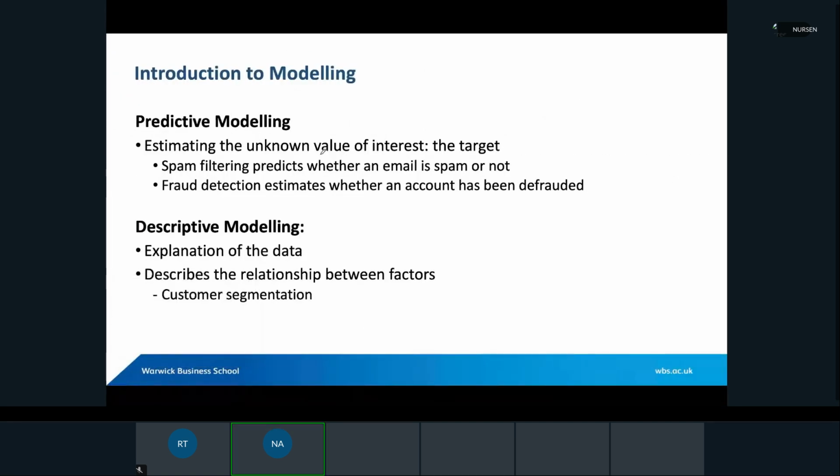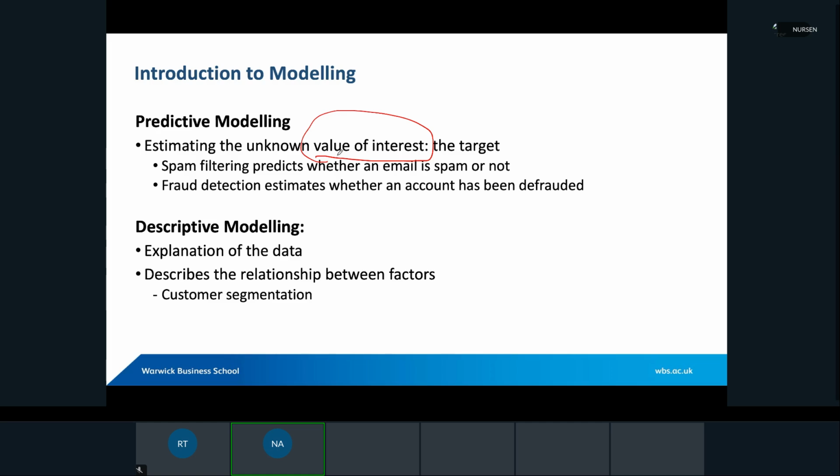In predictive models, we are trying to identify a value of interest. This might be house prices, stock prices, whether a transaction is fraudulent or not, or whether a customer is going to leave or stay. So we have one particular outcome that we would like to predict.